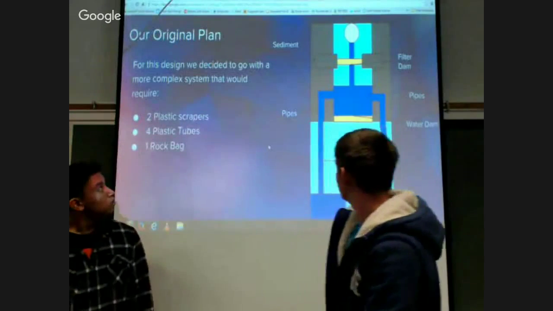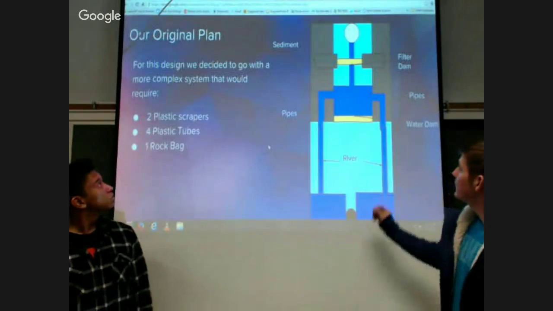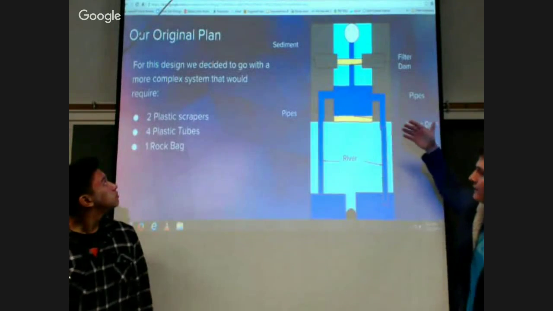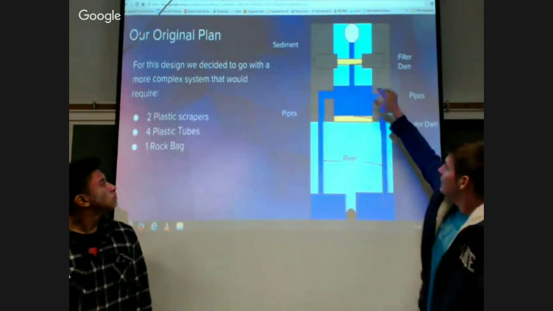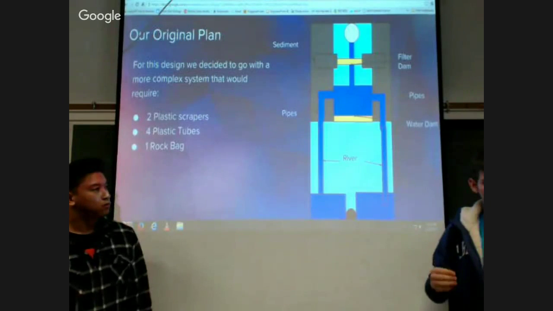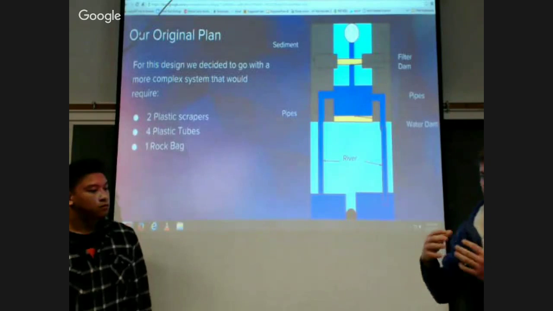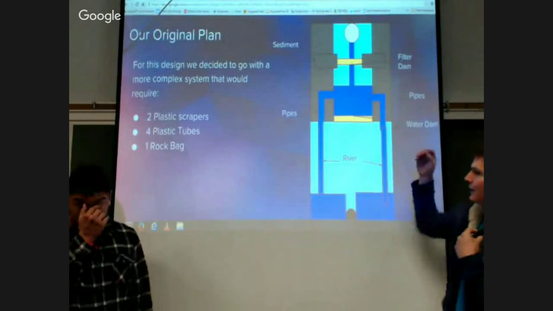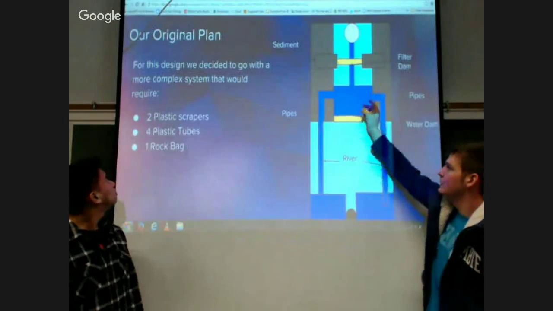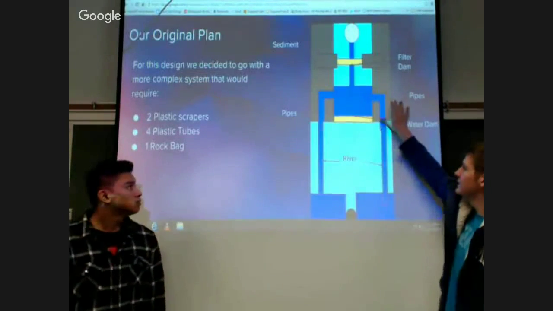Our original plan was to add 2 dams, one right here to prevent a lot of the sediment from going down, and one up here to act as kind of a filter, so light sediment or bigger rocks wouldn't be able to go through. It'll also limit the amount of water that gets to this main area, which would not really cover up the sediment.